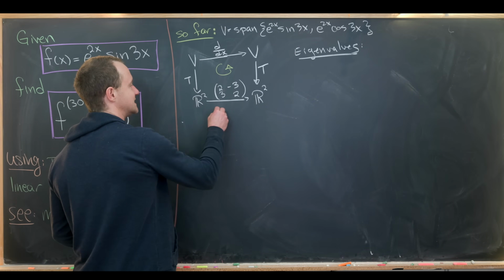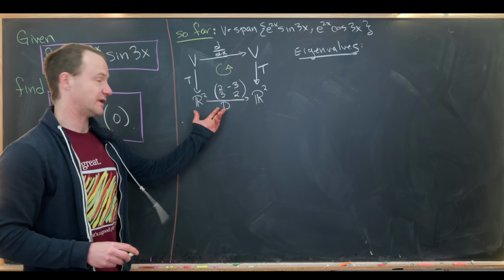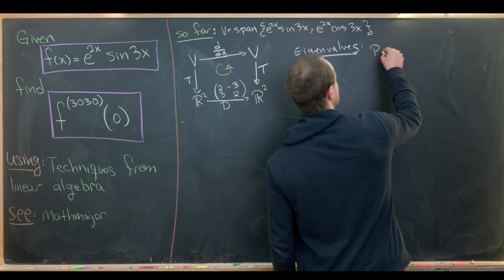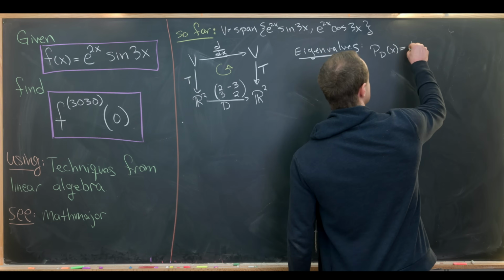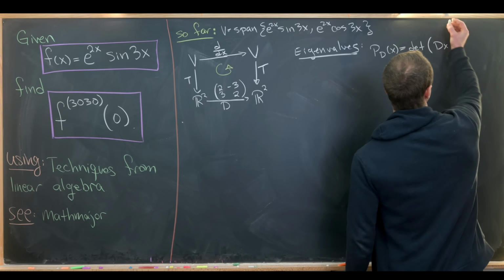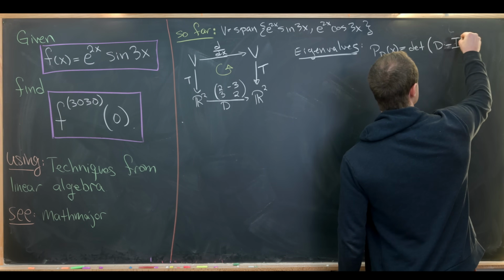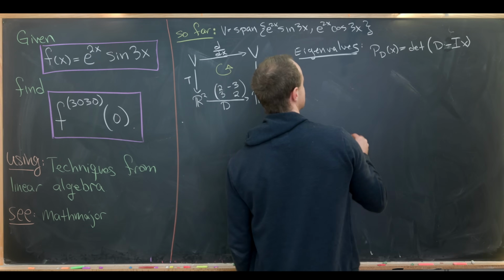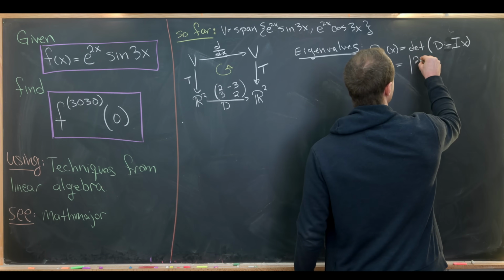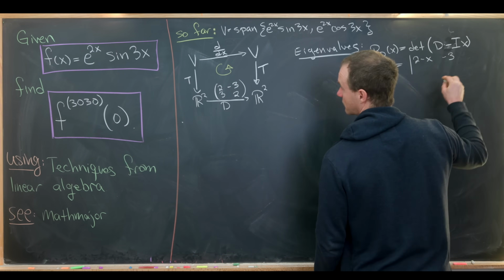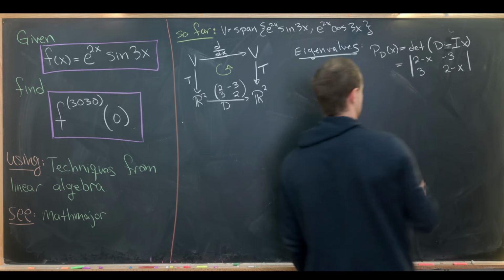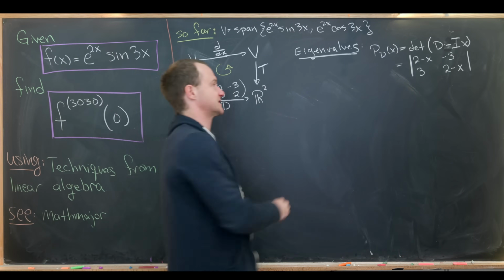So I think we called this thing D on the last board, so we need to find the characteristic polynomial of D. So that is P sub D of x, which is the determinant of D minus the identity matrix times x. So let's notice that that will be the determinant of 2 minus x, and then here we have negative 3, 3, and then down here is also 2 minus x. So that determinant will be our characteristic polynomial.